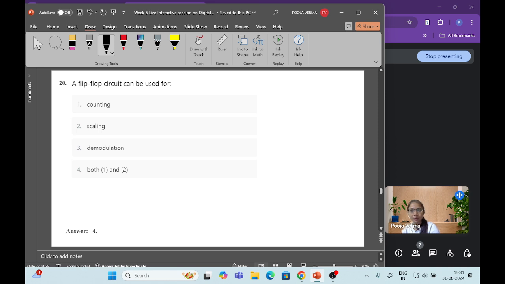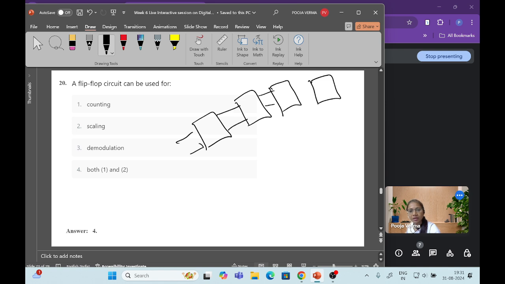For example, if we are cascading 4 flip-flops, then that can store 4 bits, and that can be used for counting a 4-bit number. Okay, and scaling, and flip-flop is also used for frequency division.